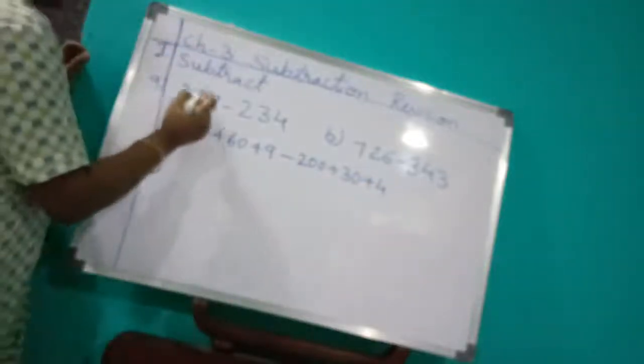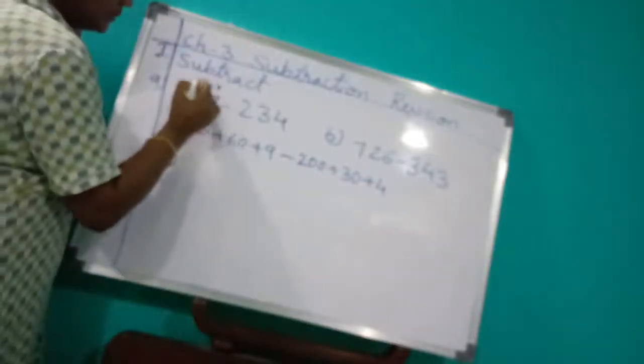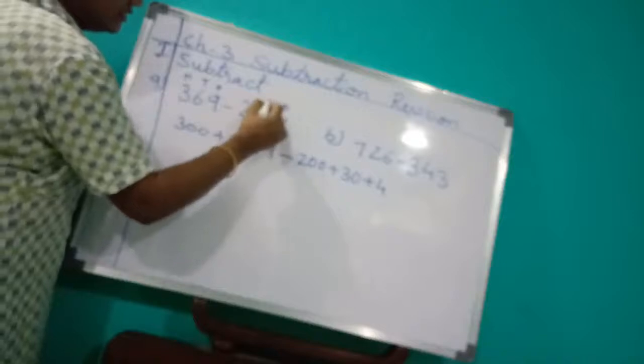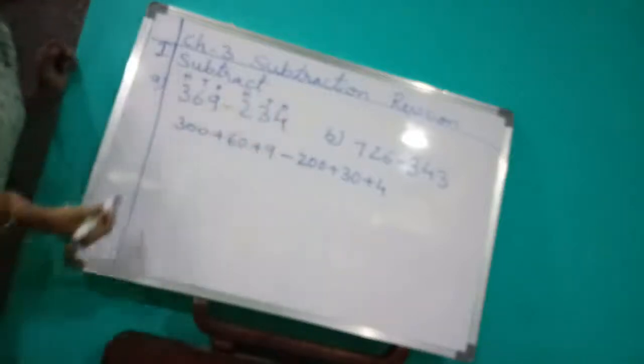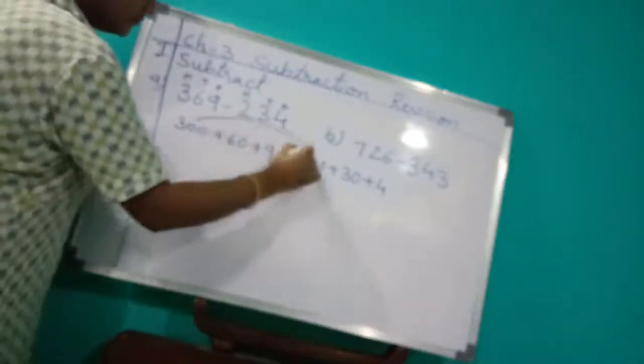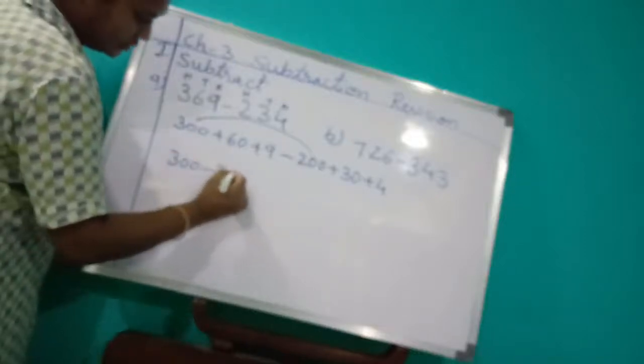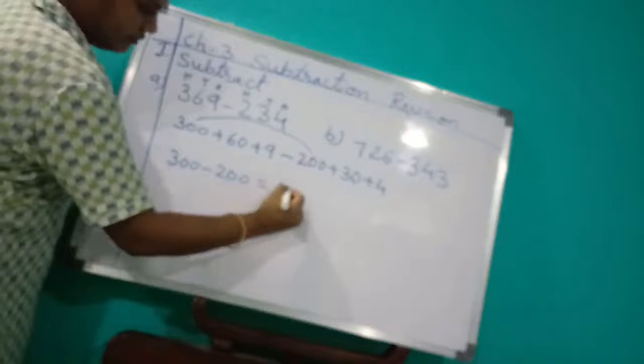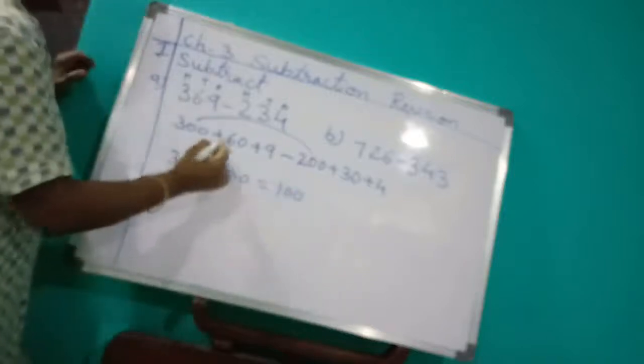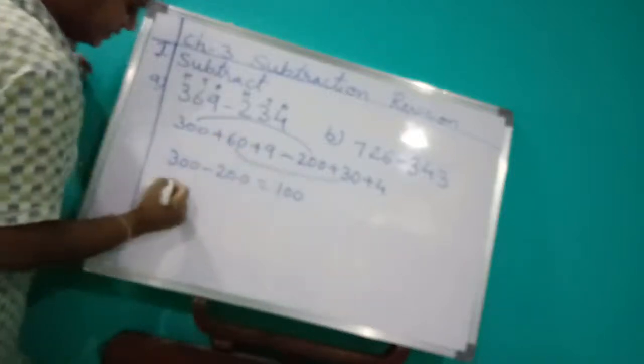See, first hundreds place, tens place, ones place. You know, no, children? Yes or no? First hundreds place. What is that? 300 minus 200 is 100. Yes. Next, tens place.